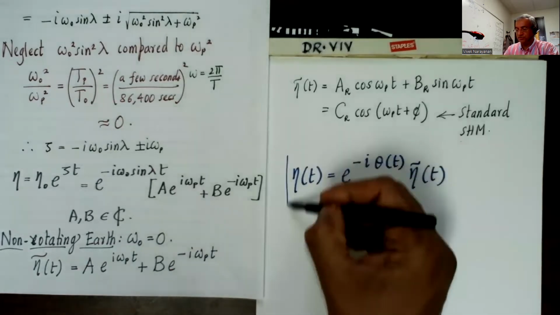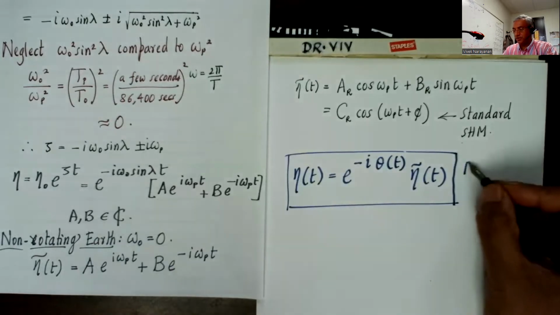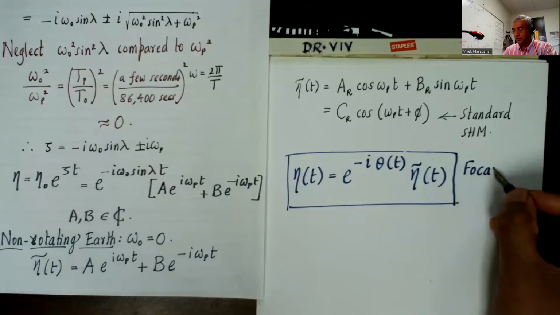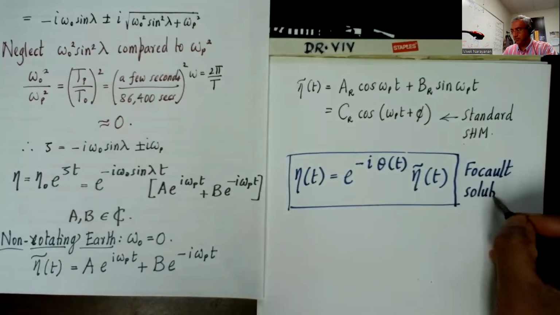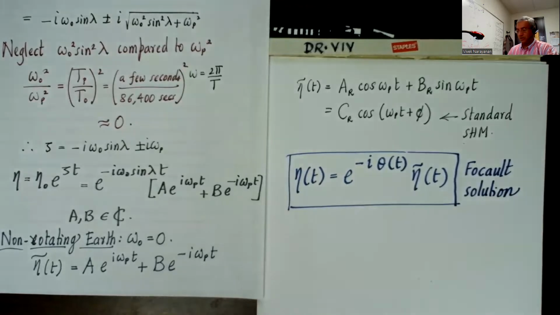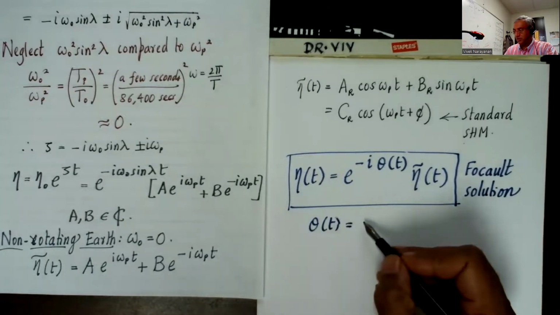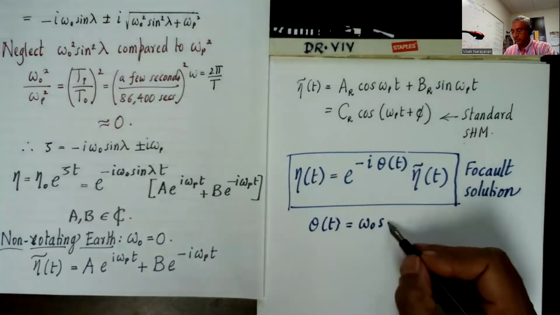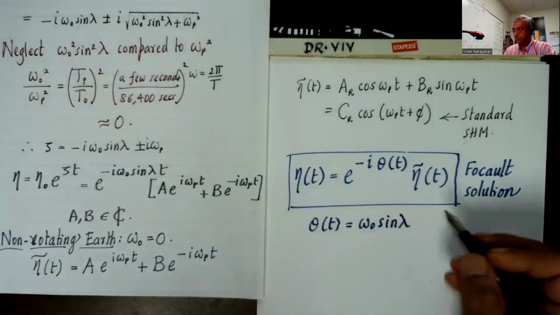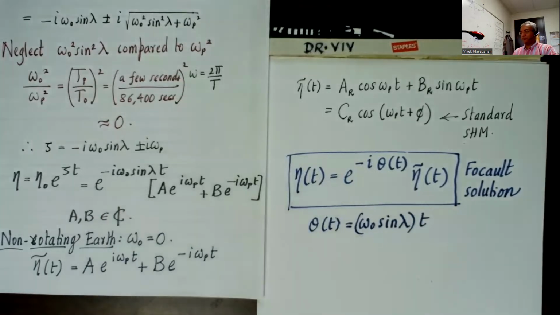So that's the full solution for the Foucault pendulum, where theta of t is this quantity, omega naught sine lambda times t. It's a linear function of time.